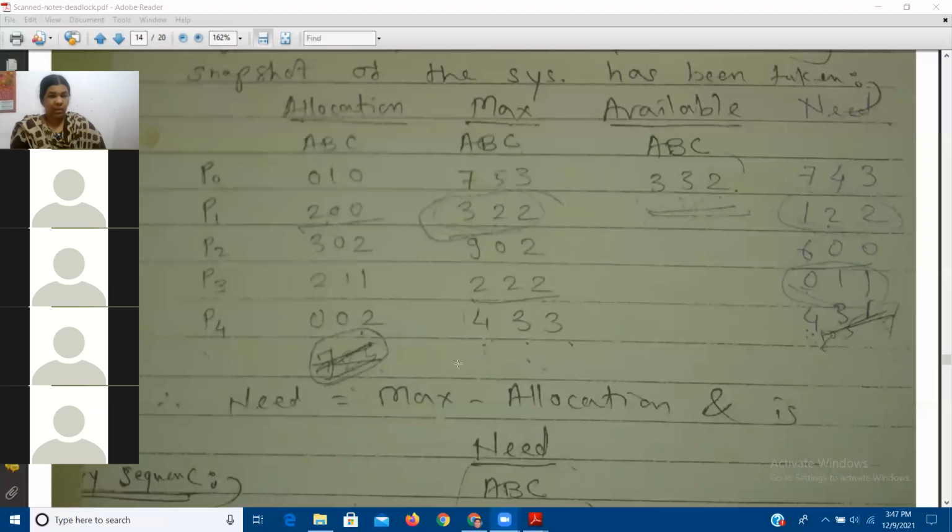Right now P1's need is 122, which is less than available, so we can grant. But if you take 600 and you want to start from P2, we can divide P2's need into requests. 600 may be divided into maybe 300, 300. So at once one request will be granted, and after some time another request will be granted. Got it? Yes.